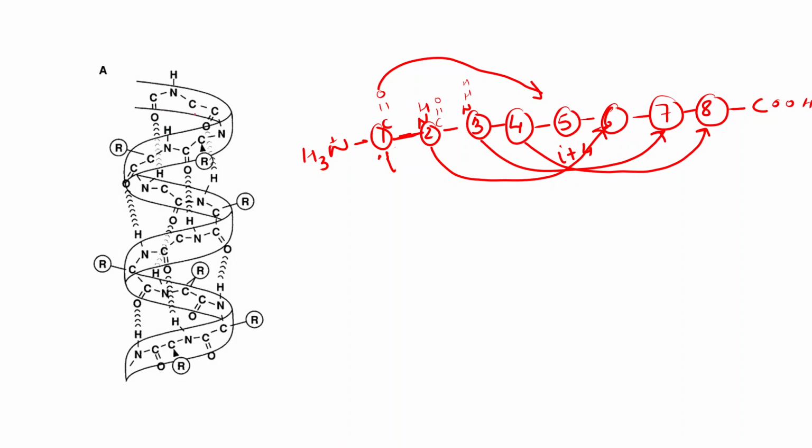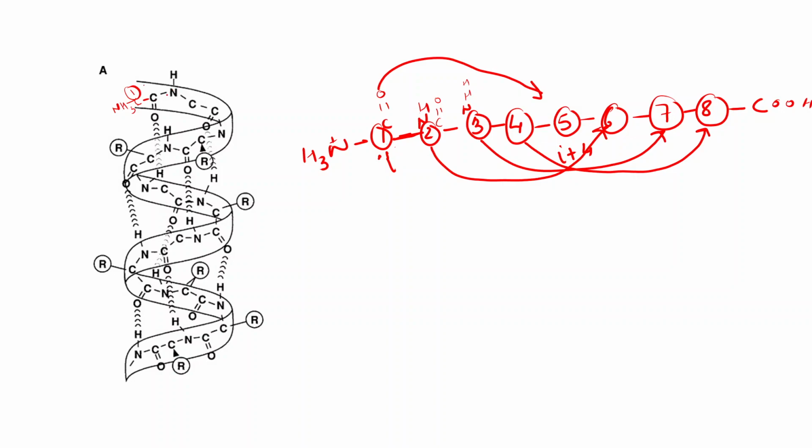Let's number the amino acids here. Here the carboxylic group is there, then there will be a C alpha, and then an amino group. A peptide will always start with an amine. So I have this carboxylic group. This is the first amino acid.